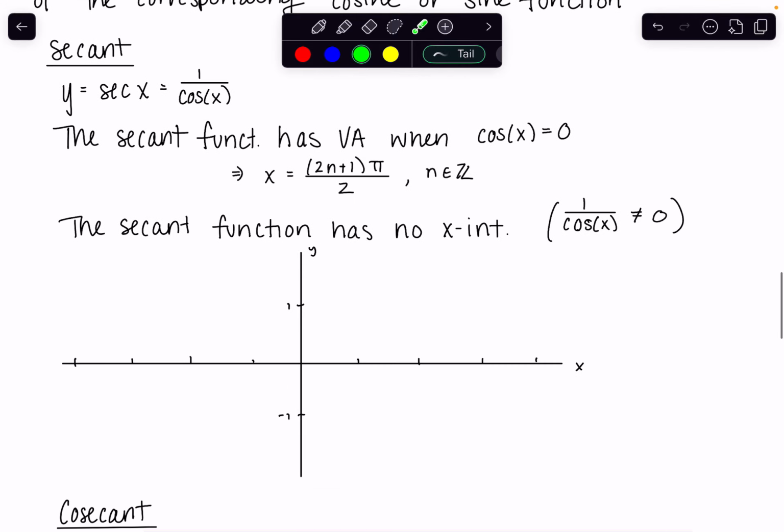So again, I'm going to start by sketching in our cosine function, and then we're going to utilize that to graph secant. So we still have to go from 0 to 2 pi for cosine, and then let's also do the negative case of each of these. If we graph our cosine function, cosine starts at 1, then goes to 0, negative 1, 0, 1.